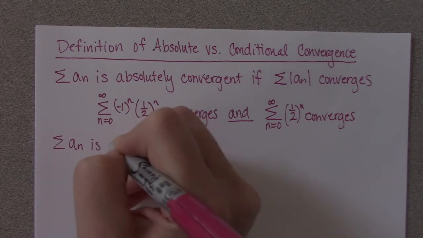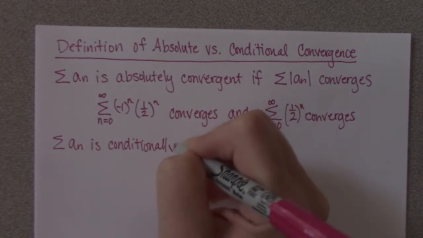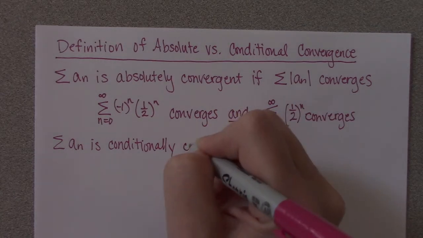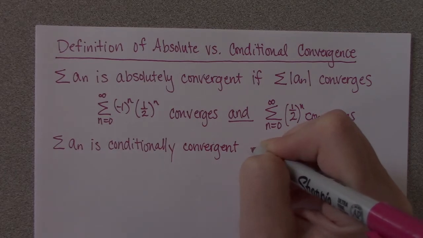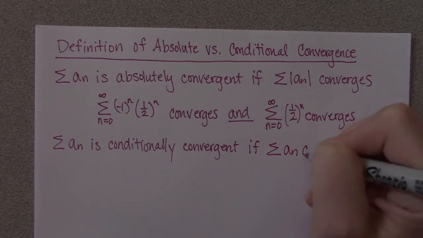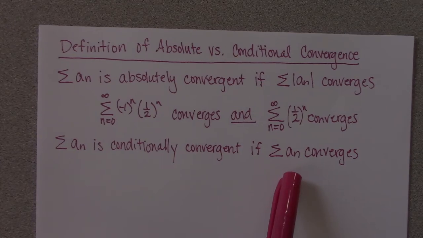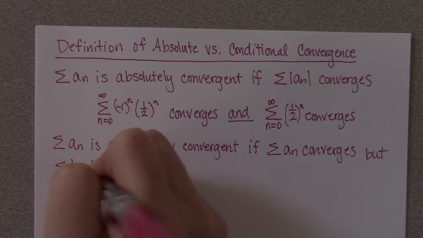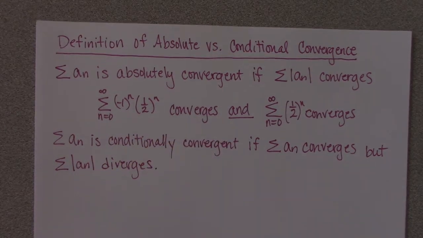A series is conditionally convergent if the original series converges, which in this case would be alternating, but the sum of the absolute terms diverges.